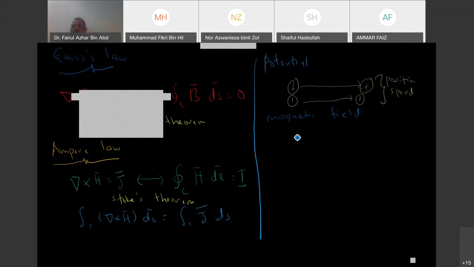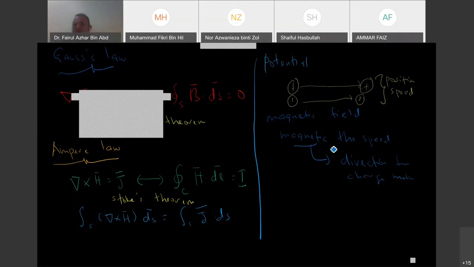It is also stated in the concept of magnetic force that the magnetic force will not change the speed. The magnetic force only changes the direction of the charge motion.